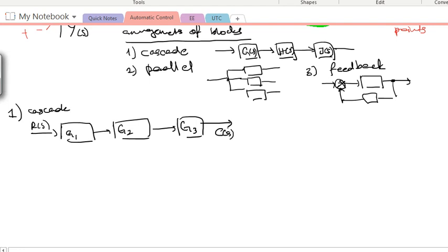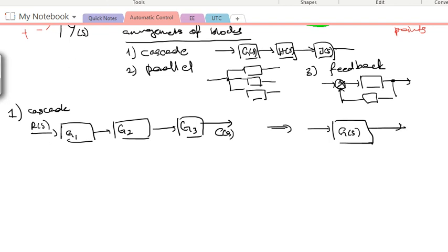So how do we reduce this? In order to reduce this, it's simple. At the end, what we want is for it to become one single transfer function, G(s), with the same input. I want to maintain the same input because if they are equivalent, it means their inputs are the same, R(s). And then the output, I want to maintain the same output, C(s).